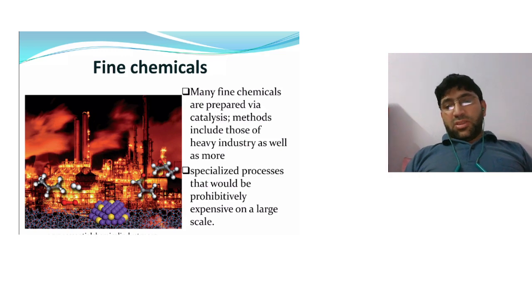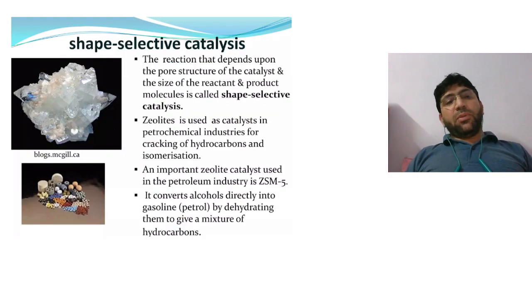Similarly, very important, shape selective catalysis. You know that the reaction between the catalyst and the reactant depends largely on the structure, shape, and size of the catalyst as well as the reactants. This is known as shape selective catalysis.